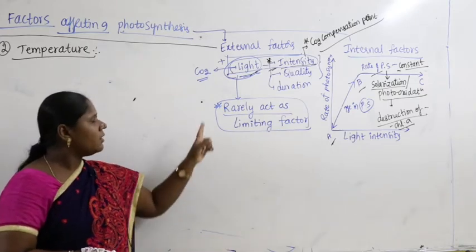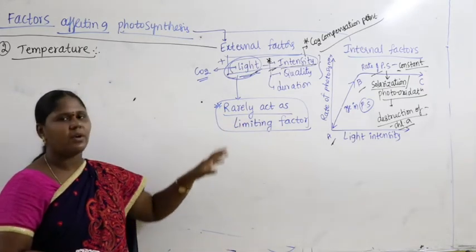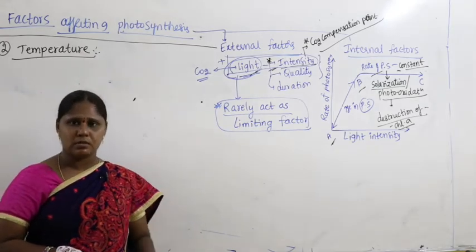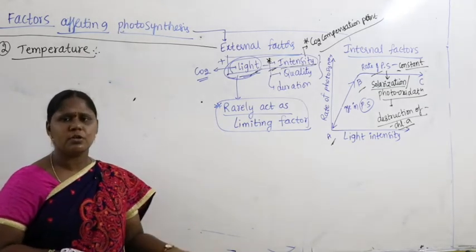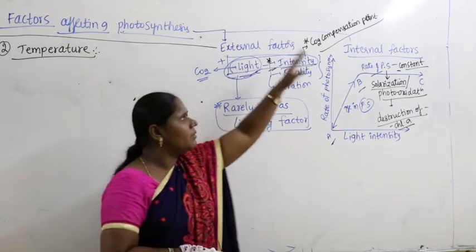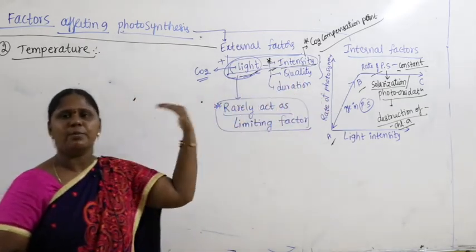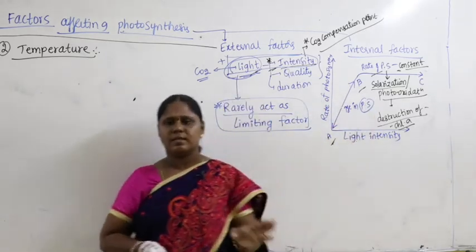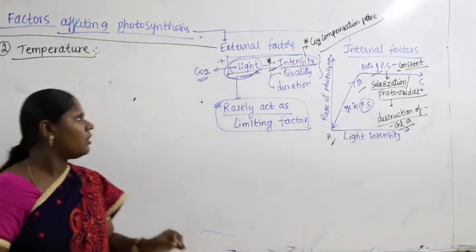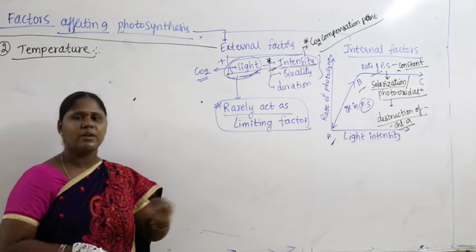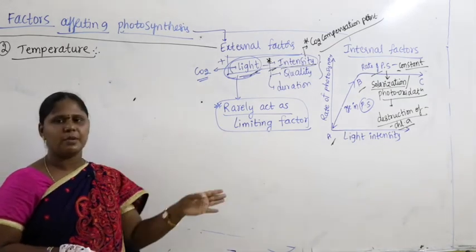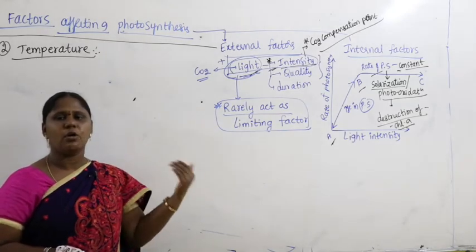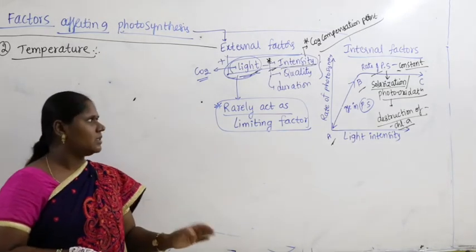So light rarely acting as a limiting factor means light cannot stop photosynthesis. When the light is beyond the optimum light intensity, photosynthesis becomes constant. Generally light will not inhibit photosynthesis; it only makes photosynthesis constant beyond the optimum light intensity.